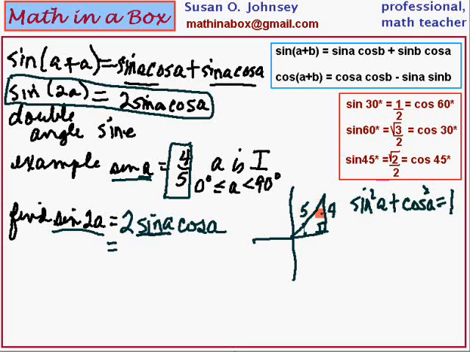If you use Pythagorean's theorem, you will find that this side here, the adjacent side, is 3. So we can find that the cosine of angle A is, the cosine is the adjacent side divided by the hypotenuse. That's 3/5.